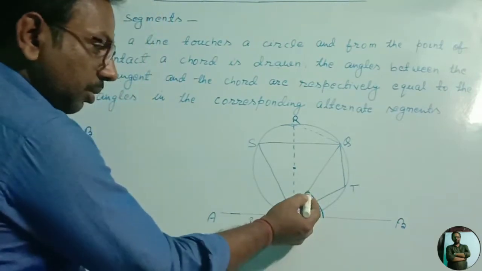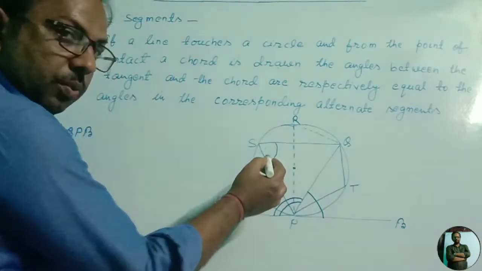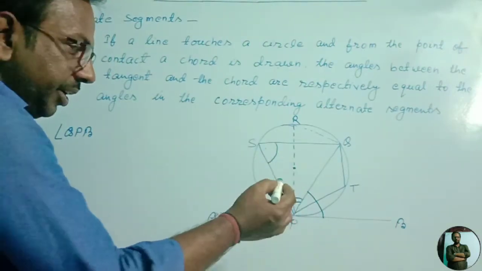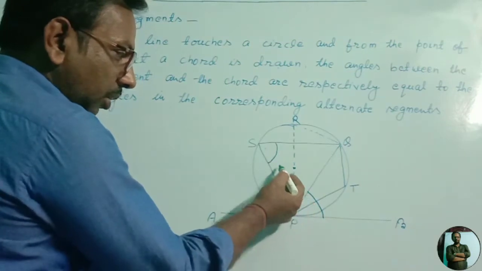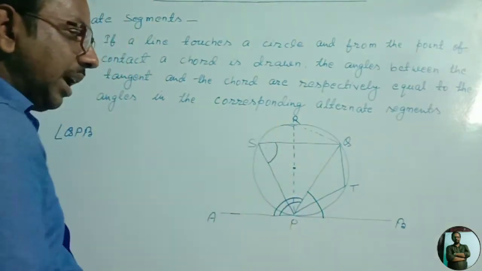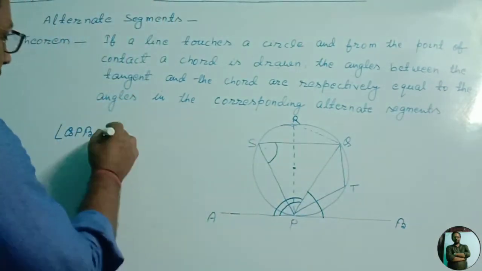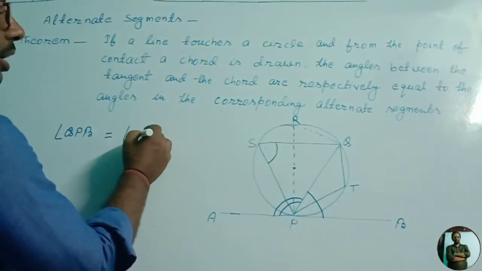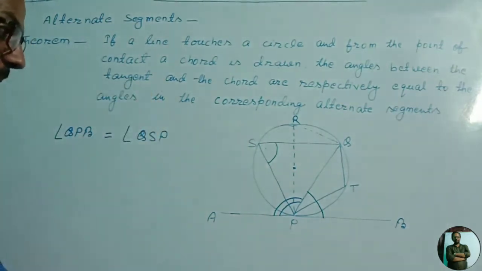We know the trick to identify the angle in the alternate segment. We cross this chord and we travel along this line to reach this angle. So angle QSP or PSQ became the angle in alternate segment, and these two angles will be equal.